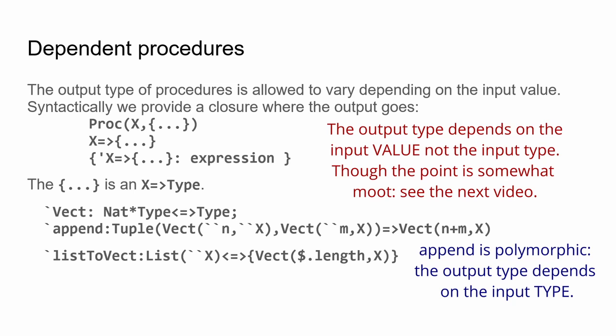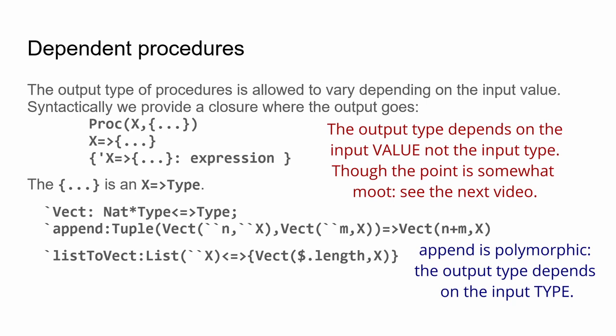So if we have a vector of n and x and another vector of m and x, where we're introducing n and x and m as free variables, so this is all in one giant for all, the output is a vector n plus m of x, naturally.